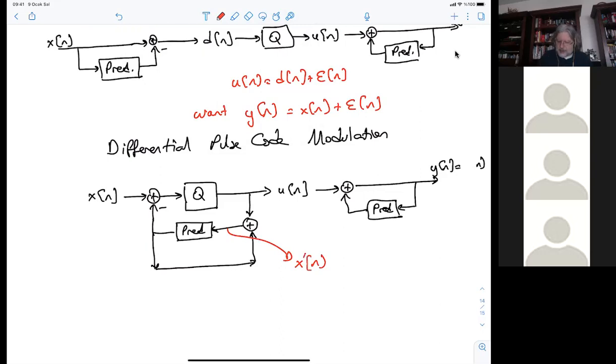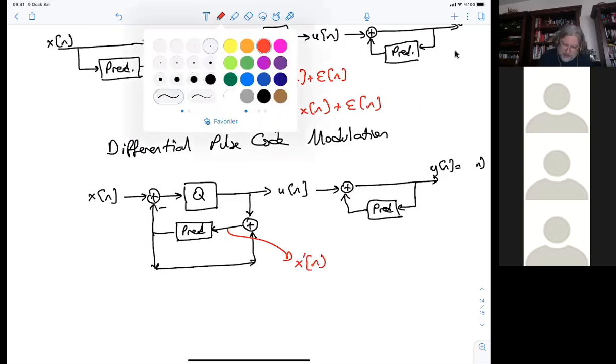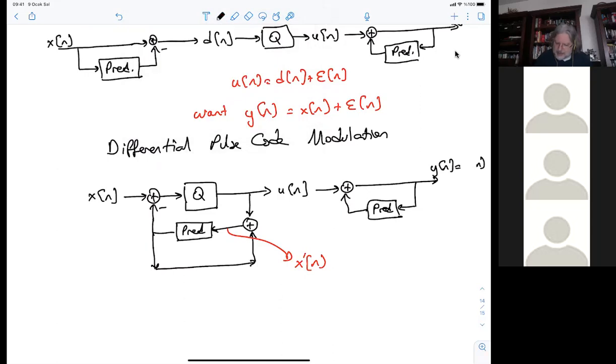It's just another variant of x, but it's not x hat. It's x prime of n. So if you see that this prediction is the same prediction as this one, you notice that this signal, x prime of n, is exactly the same as this x prime of n.